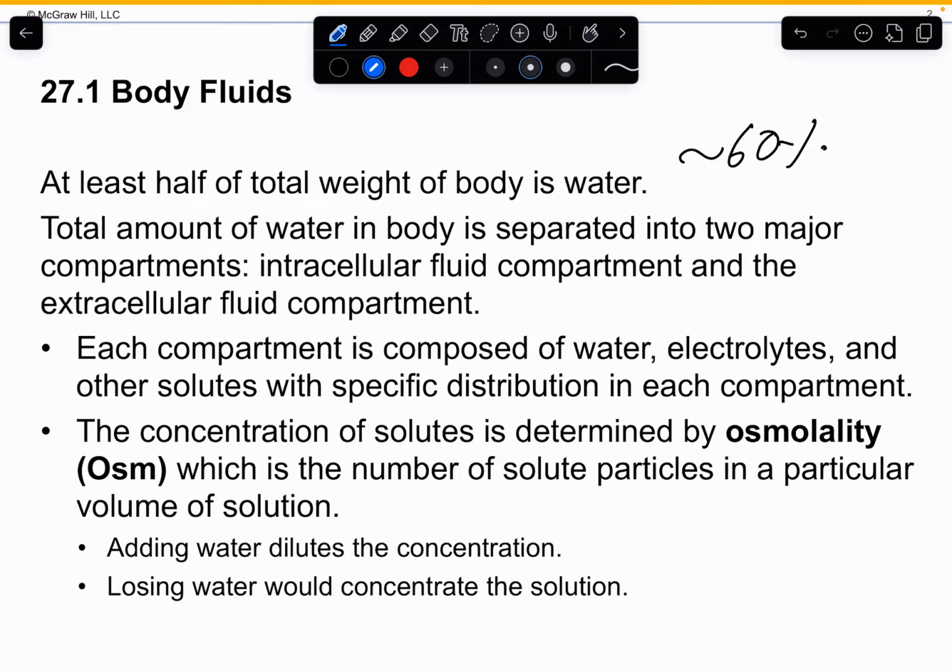And every cell, as we've seen in the cell structure, requires a stable fluid environment to perform normal function.